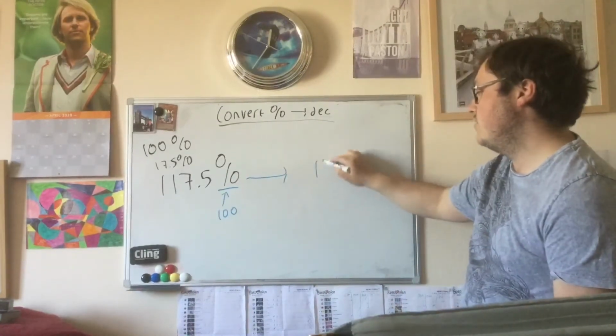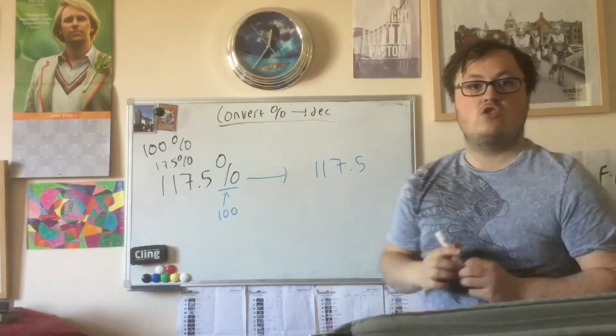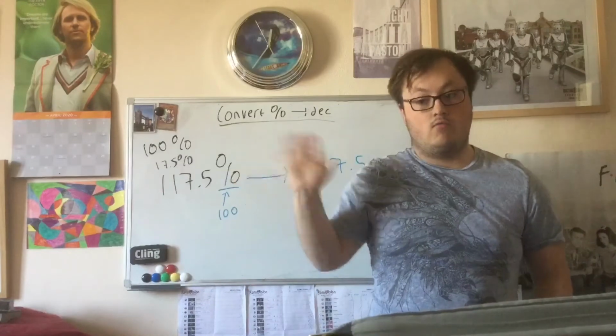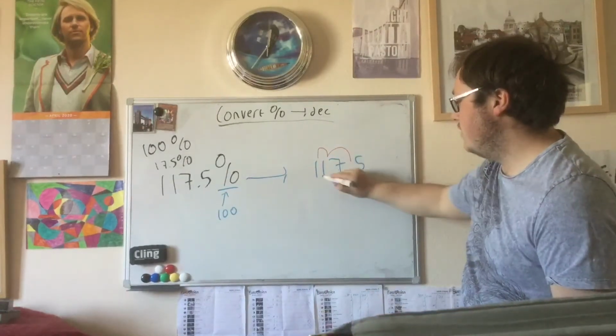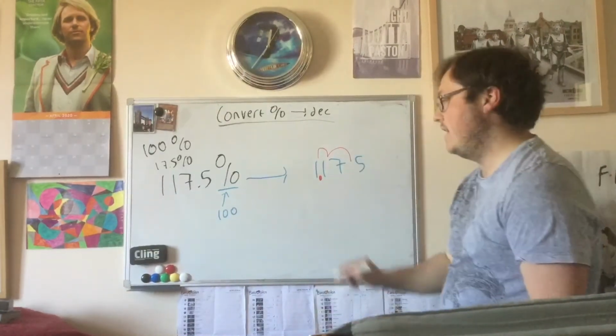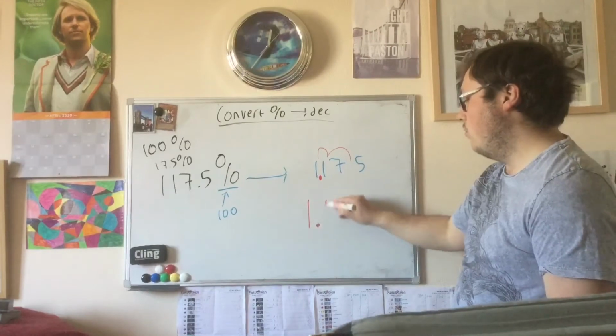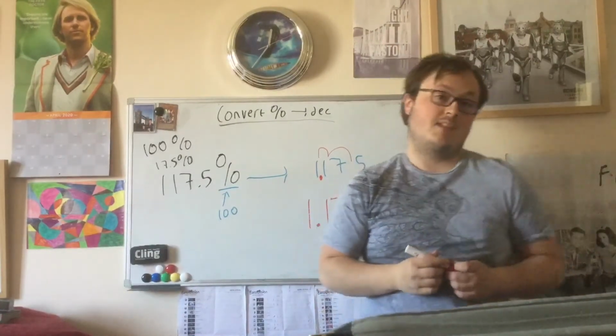I write 117.5 over here, and then I move my decimal point 2 spaces. So 1, 2. Decimal goes to here. So 117.5% as a decimal is 1.175. That's how you do it.